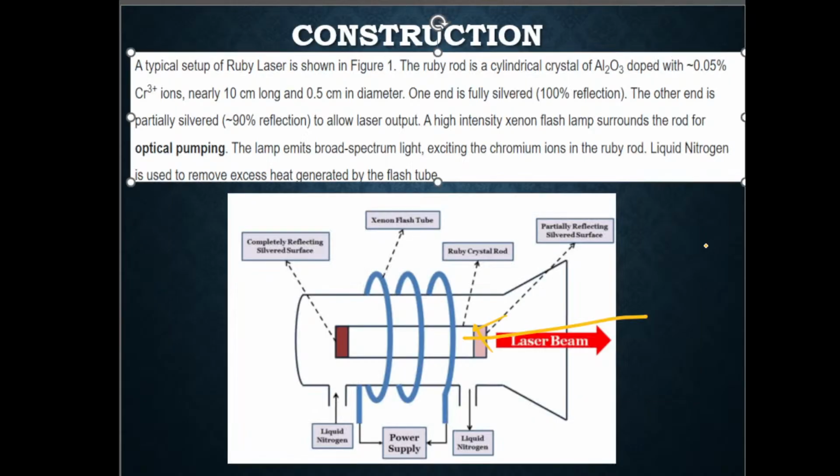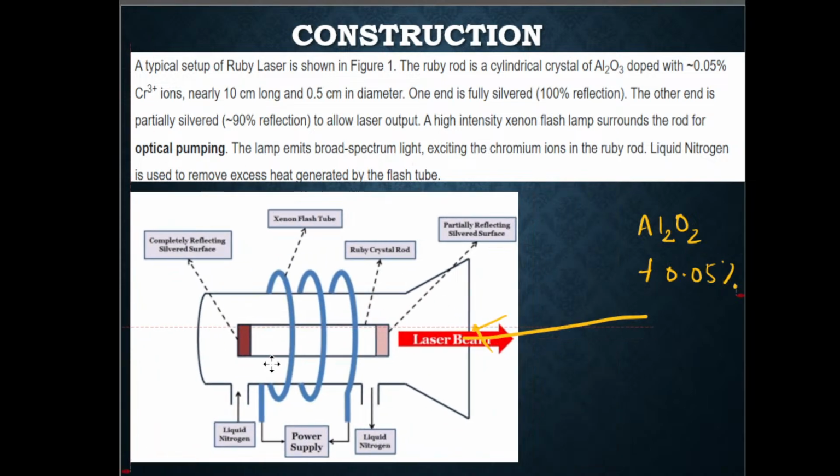Ruby rod is nothing but aluminium oxide plus 0.05% of chromium atoms. First we are discussing the rod.